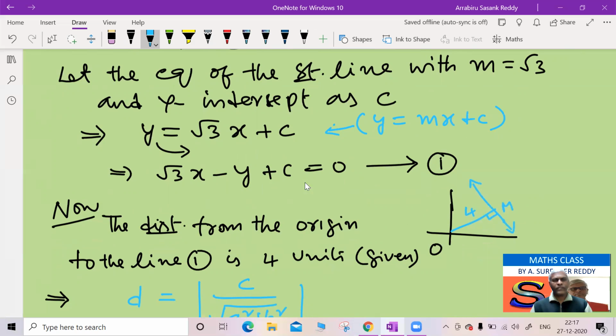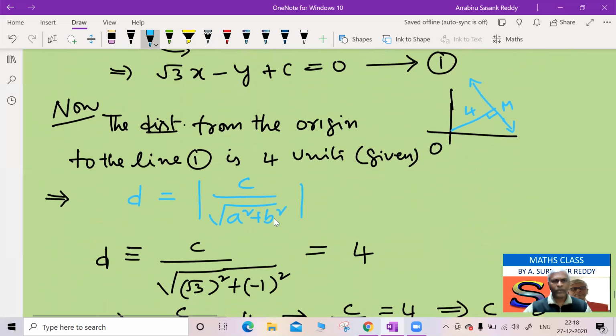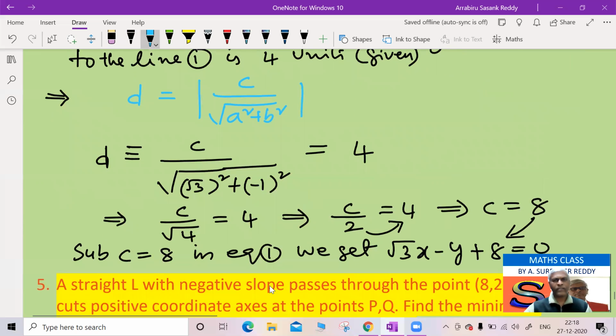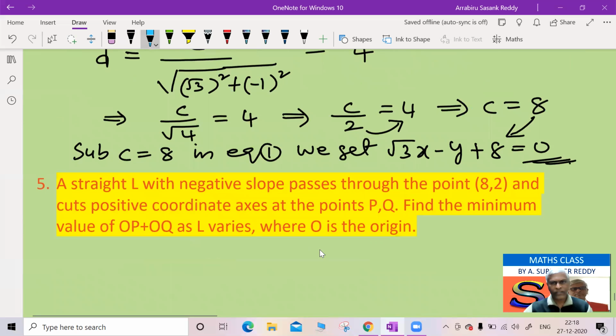The distance from origin to this line is 4, and the distance formula from origin to a line ax plus by plus c is c by under root a square plus b square, where a is the coefficient of x, b is the coefficient of y. So here a value root 3, b value minus 1, and simplifying we get the c value as 8, and resubstituting c value in equation 1, we get the required equation as root 3x minus y plus 8 is equal to 0.